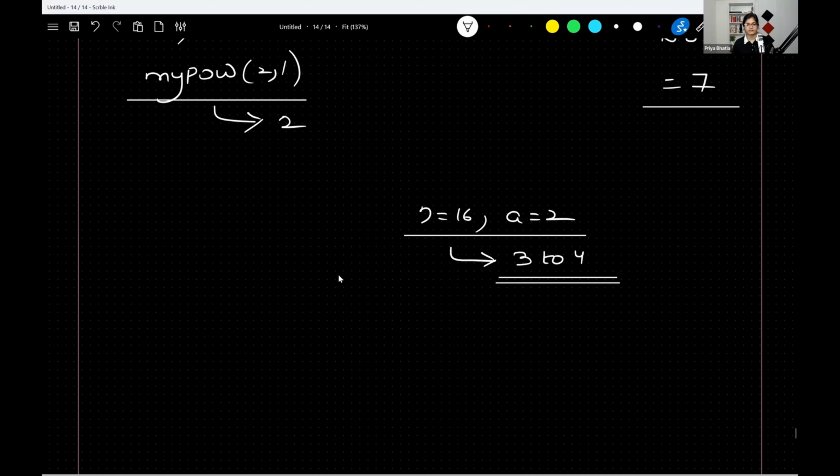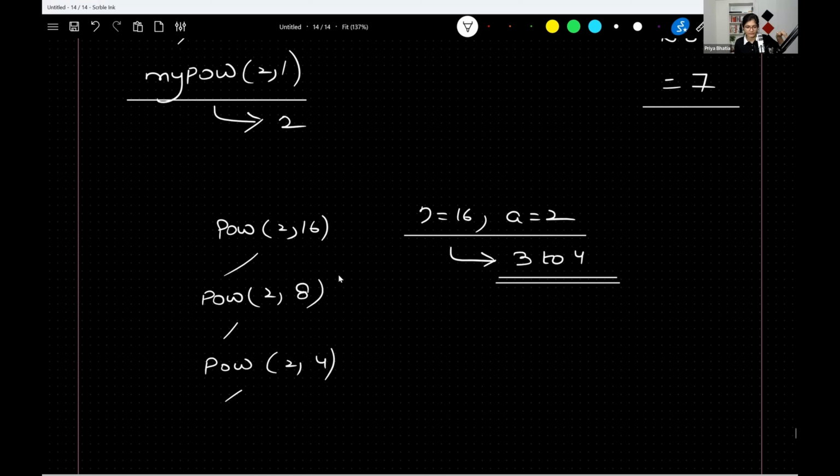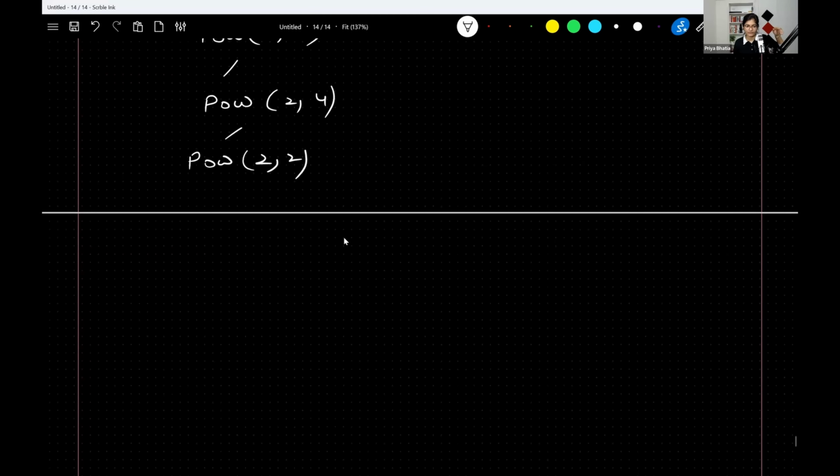Right? 16, then 8, then 4, then 2. So you're calling power function 2, 16. Then you will call power function 2, 8. Then 2, 4. Then 2, 2. Right? Divide by 2, you keep on doing. Then 2, 1.